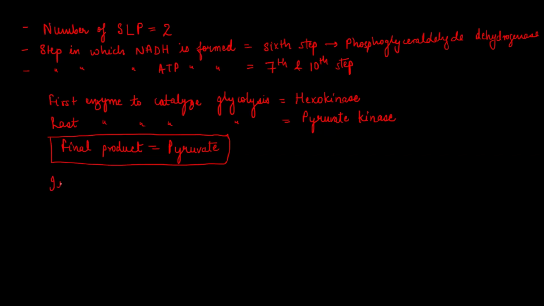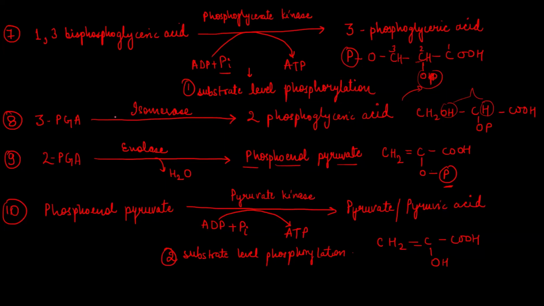Okay. What are the irreversible steps in this reaction? So this isomerization is a reversible step. This enolase step is also reversible. In fact, this seventh step is also a reversible step.